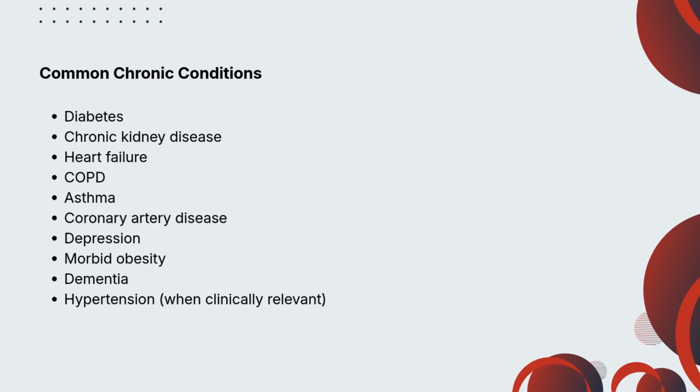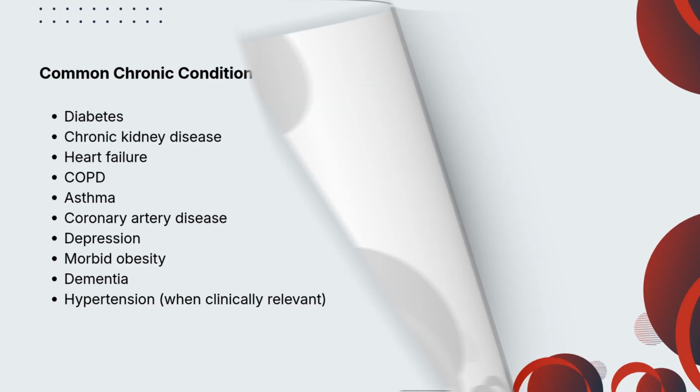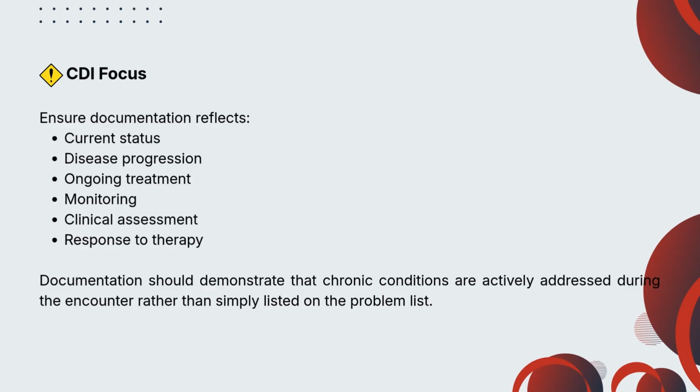Common chronic conditions: diabetes, chronic kidney disease, heart failure, COPD, asthma, coronary artery disease, depression, morbid obesity, dementia, hypertension. When clinically relevant. CDI focus. Ensure documentation reflects current status, disease progression, ongoing treatment, monitoring, clinical assessment, response to therapy.